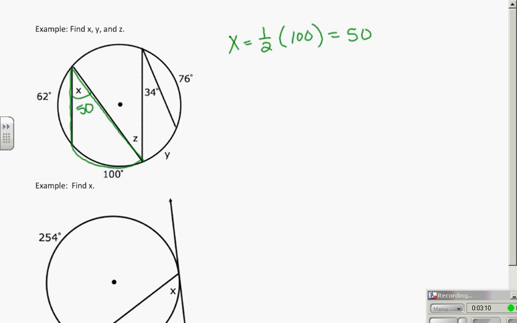I'm going to skip Z for a minute because I'm not sure what's going on up there. I'm going to go over to Y because Y is also part of an inscribed situation, except this time I know the angle is 34, so I know that Y is 2 times 34, which is 68.